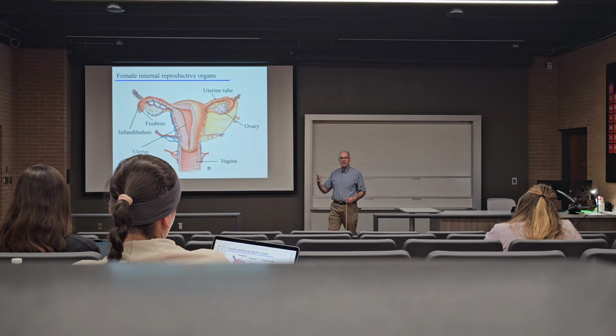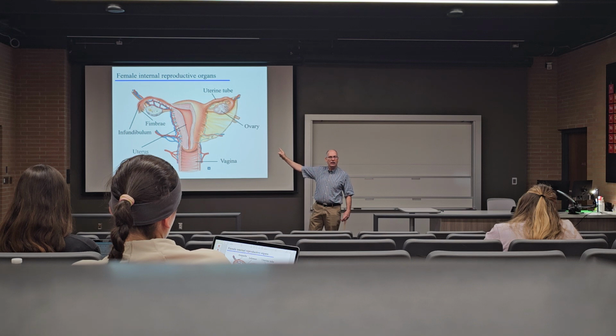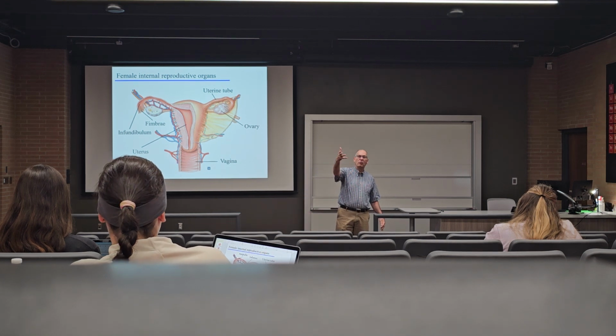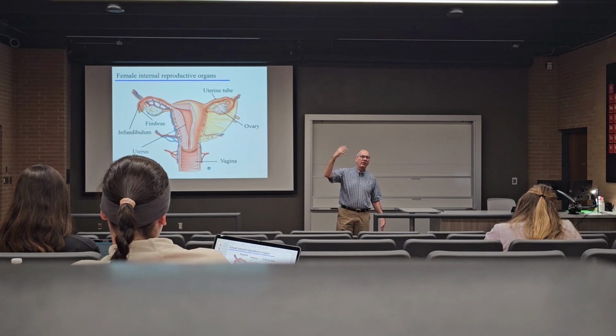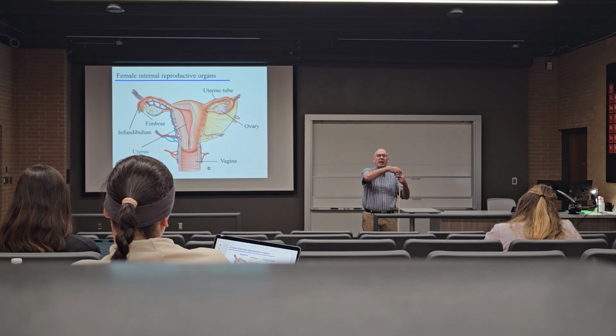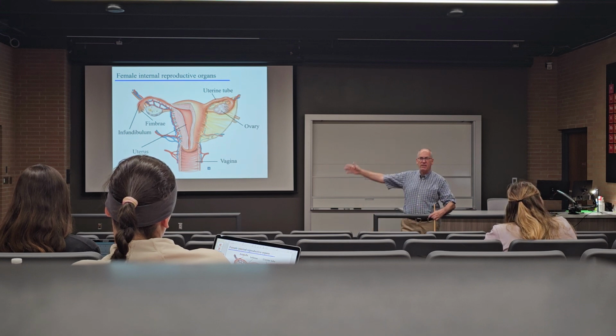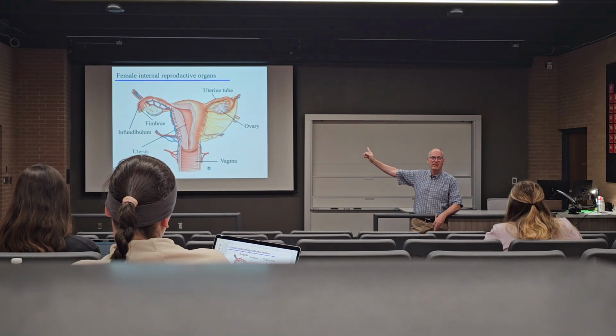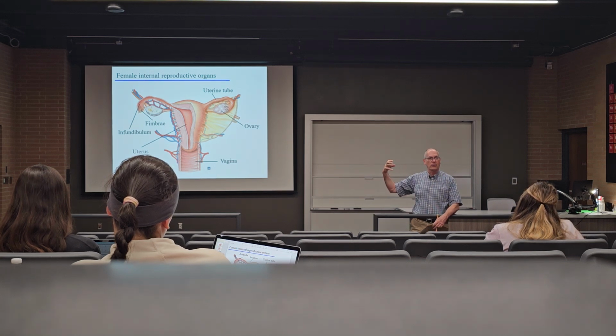Helping the egg find it, the uterine tubes are lined with a ciliated epithelium, meaning they sweep things along and help create a current that draws the egg in. The sperm have that nice flagella, they swim; the egg doesn't. The egg just sits there and has to be drawn in by a current.